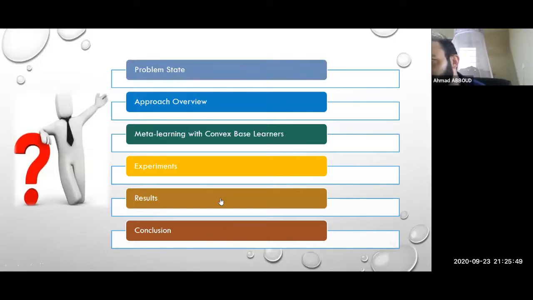This is the hot topic of today's literature on machine learning, the transferability and few-shot learning using this concept called meta-learning. So it is to learn the parameters from other models, to transfer those parameters and to learn for a specific task.